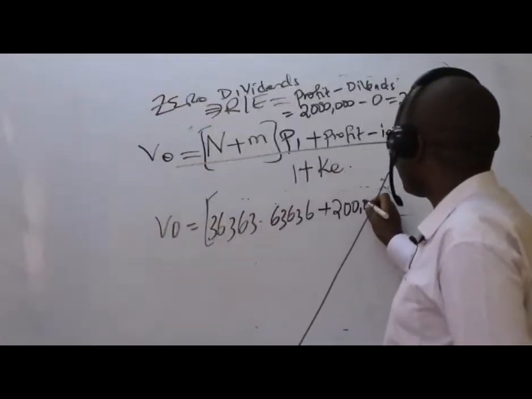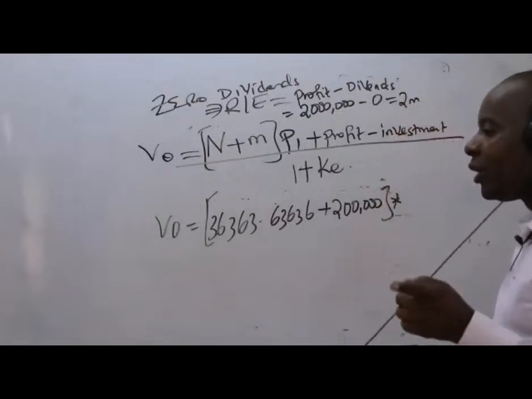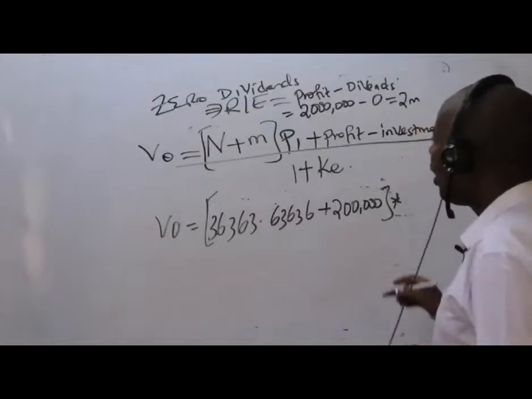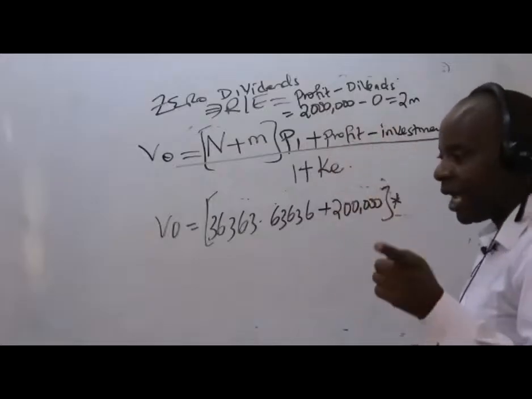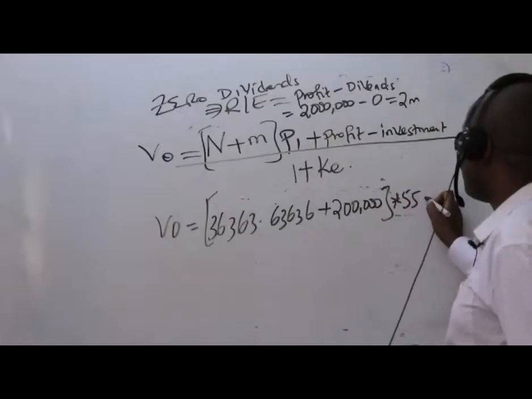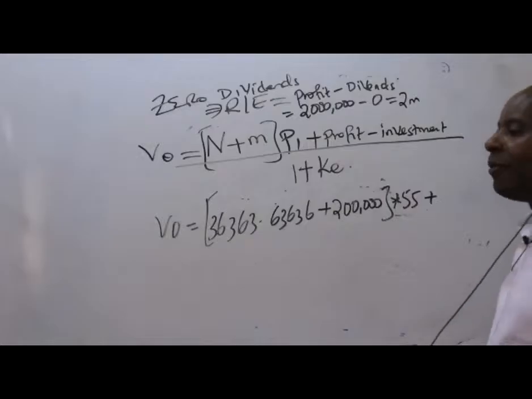So we have plus 200,000 multiplied by P1. Who is able to give me the P1 to use? The P1 that I shall be using here will be the P1 for zero dividends policy that you have just given me a few minutes ago, 55, plus the profit we've generated as an organization. Profit over how much?